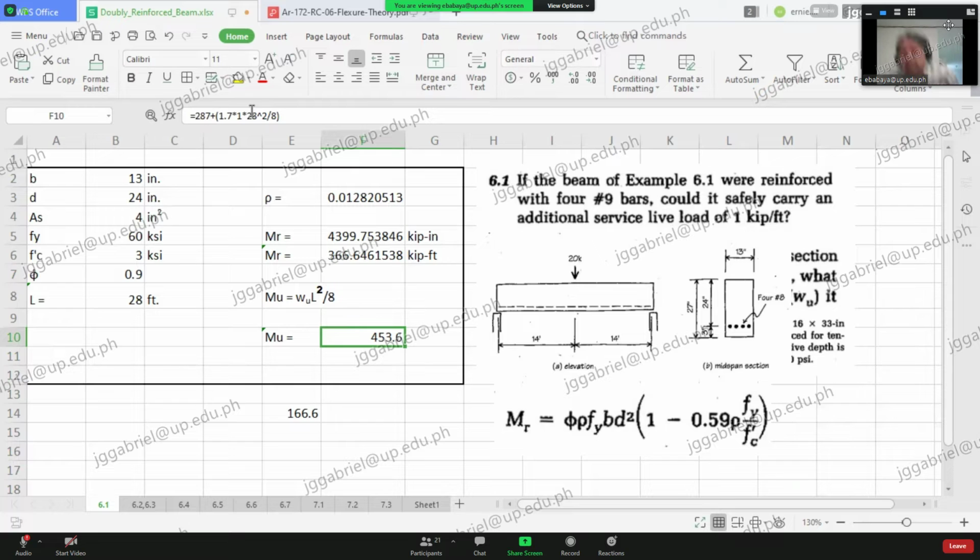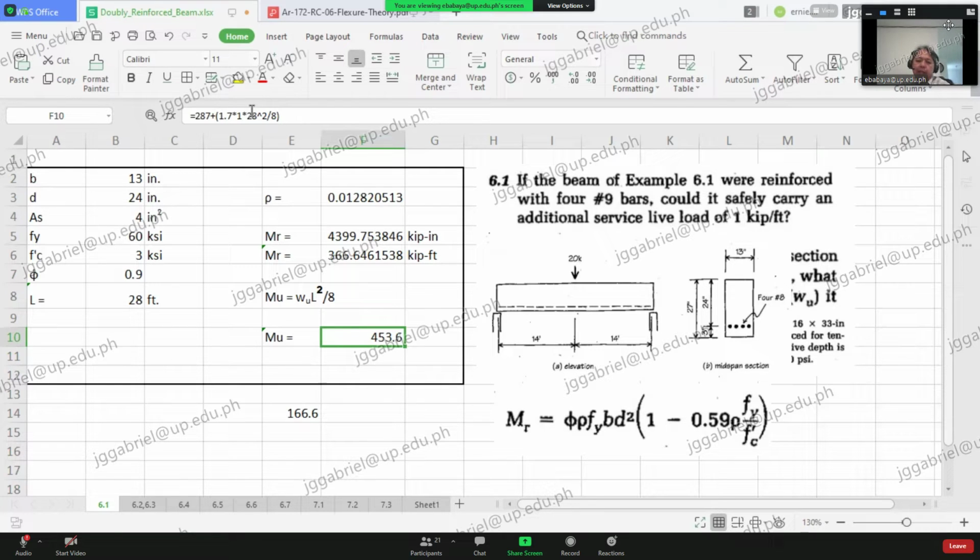If you have a simply supported beam, to get the maximum moment for a uniformly distributed load, the formula is wL squared over 8, and it occurs at mid-span.